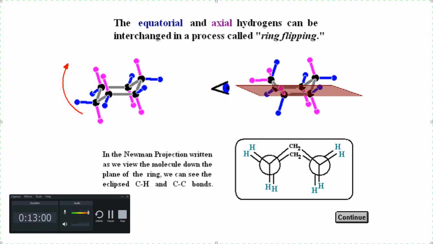If I look down this plane, I would see the 2 CH2 groups that are here and here. You can see those are in the flagpole positions. Those are the 2 carbons of the boat. Now, one other thing I will point out here is, notice all of the other hydrogen pairs here.